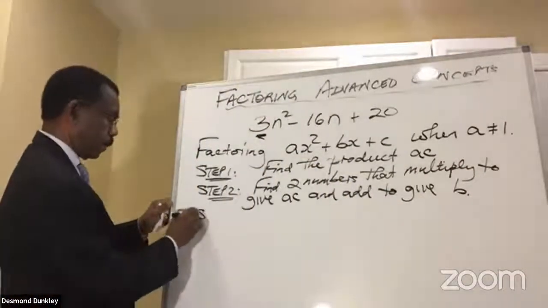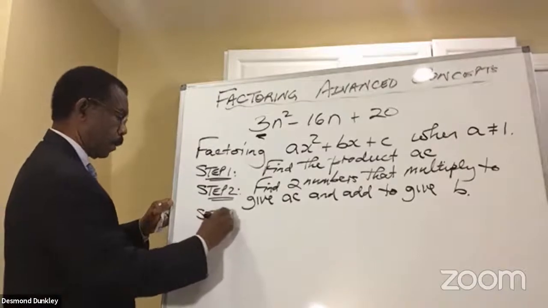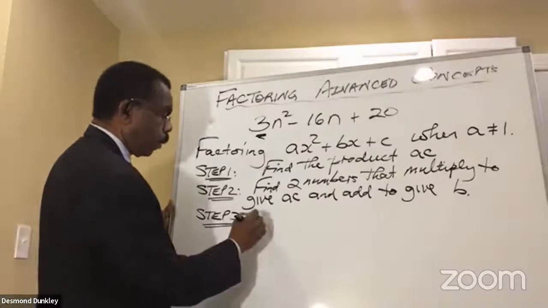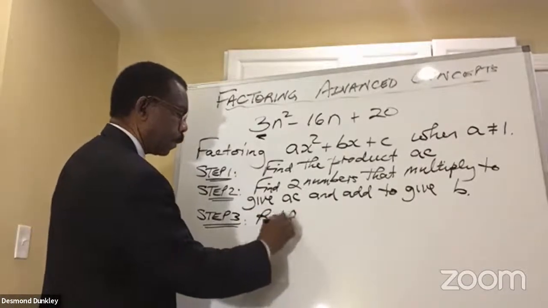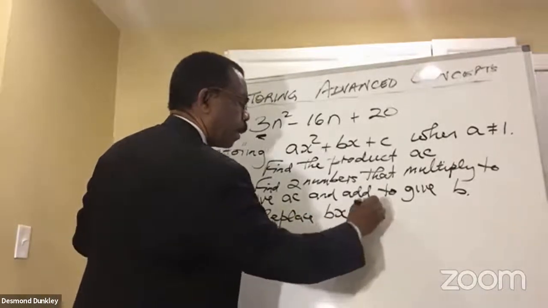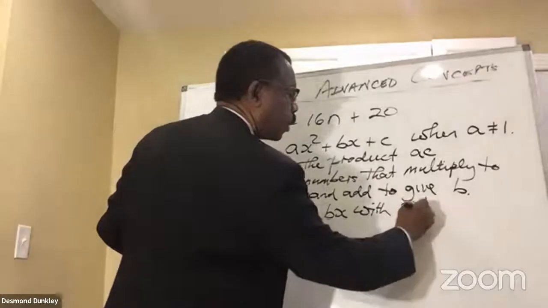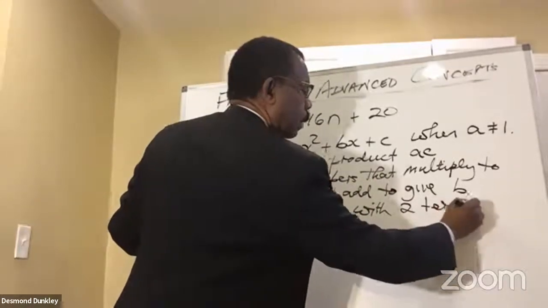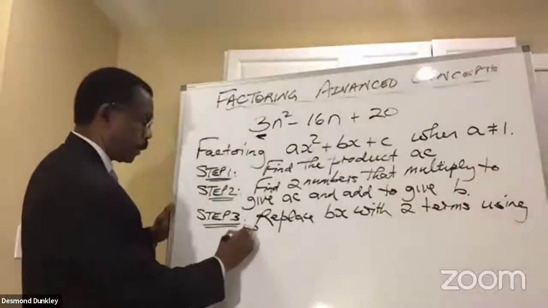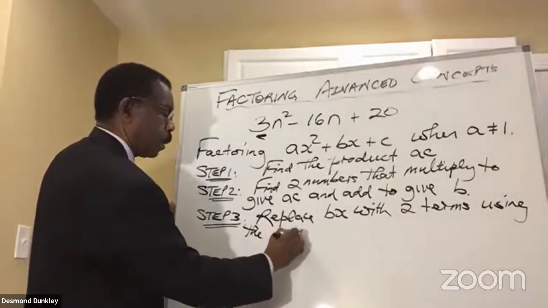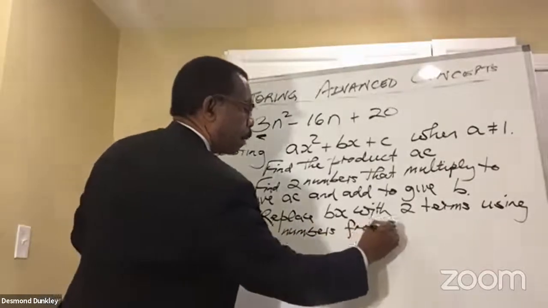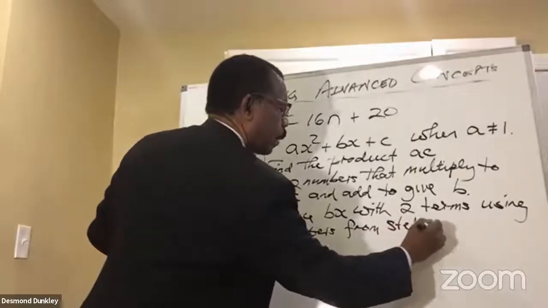Step 3: Replace bx with two terms using the numbers from step 2.